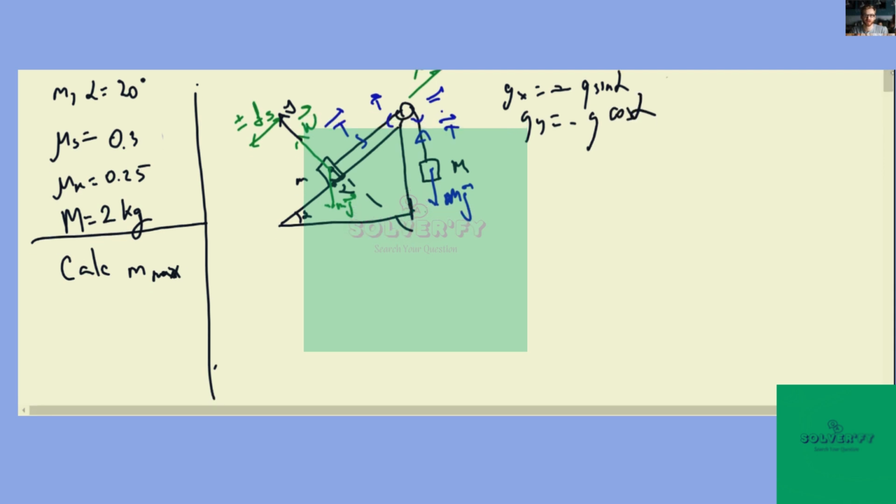Now let's imagine that this system is at rest. Then the overall acceleration is 0, and the friction coefficient equals the coefficient of static friction.